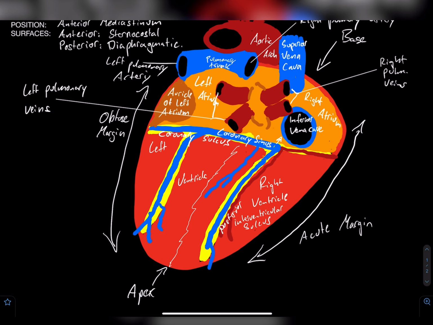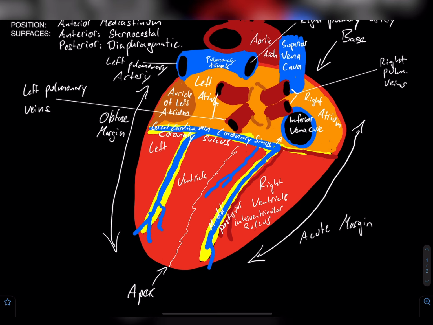The coronary sinus gives rise to the great cardiac vein. If you remember, the great cardiac vein runs in the anterior interventricular sulcus. Analogous to that, in the posterior interventricular sulcus, we have the middle cardiac vein running.